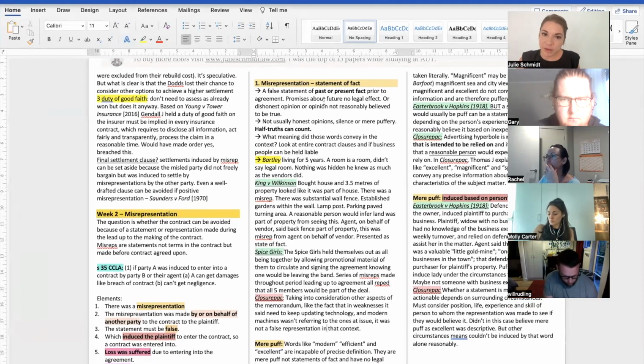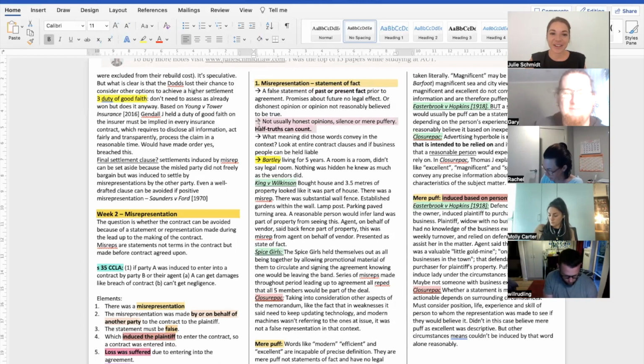So remembering with misrepresentation, it can't be a fact about the future. It has to be a past or present fact, because no one is an oracle and can give facts about the future. That's what the courts think and say. So honest opinions are normally okay because you're not lying. You genuinely think it's true.